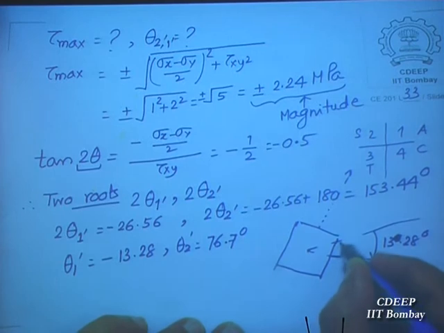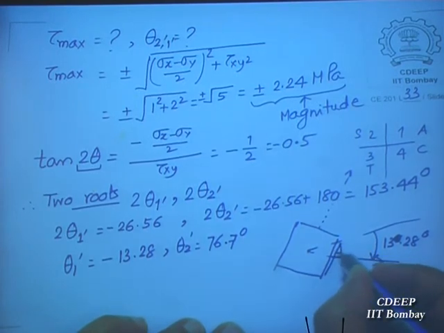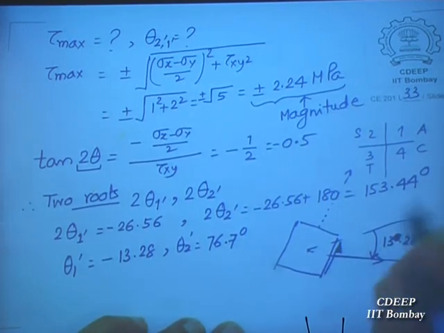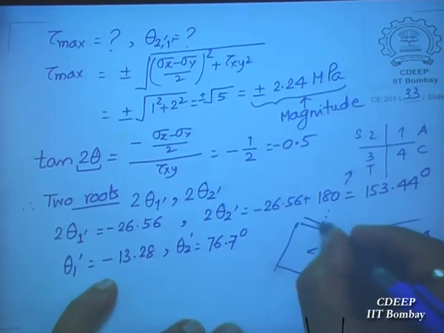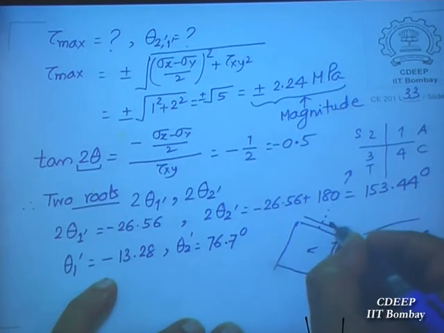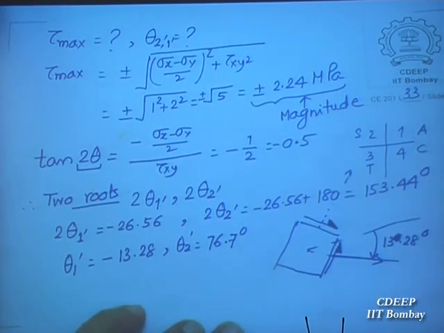So plus has to be like this, and then here it will be negative. If you are saying this is plus, then this is a correct diagram.